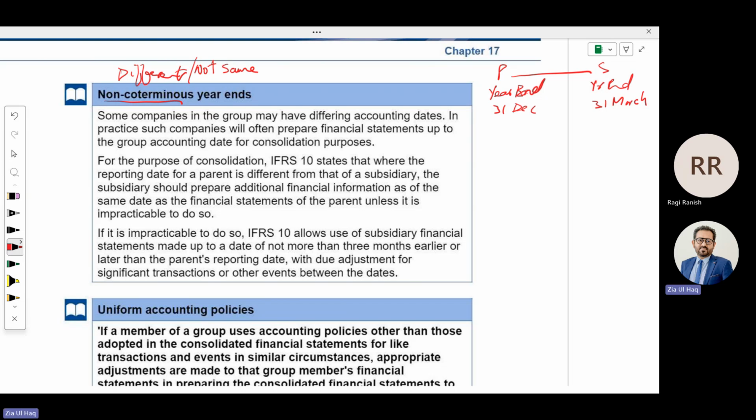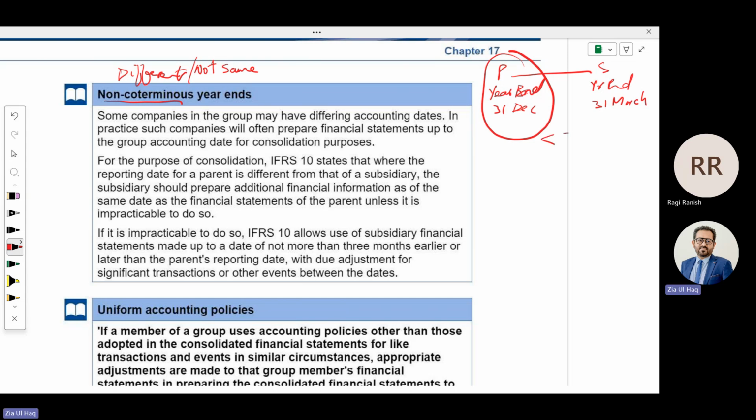Then what will happen? How will you consolidate? In that case, you need to consolidate at the parent company year end, by meeting a condition. What should be the condition? The gap period between the parent company and subsidiary year end should not be more than 3 months.